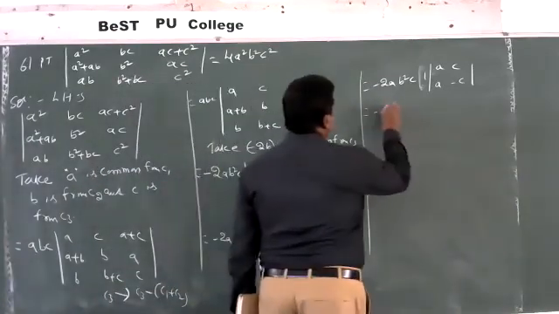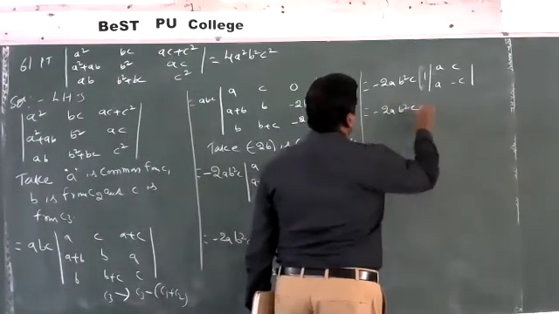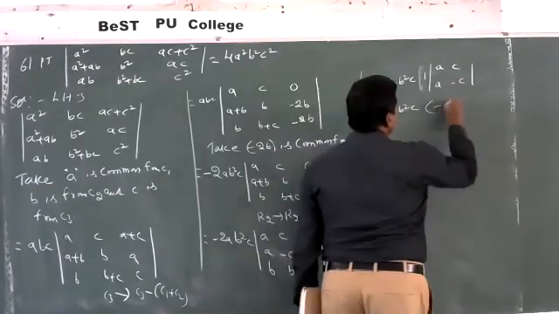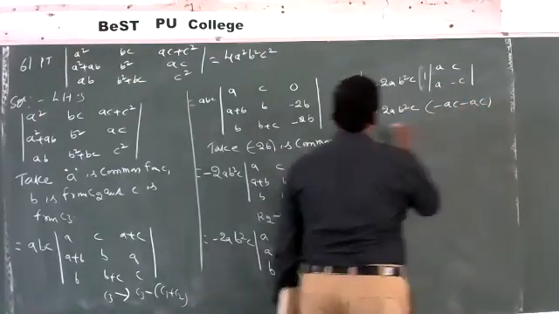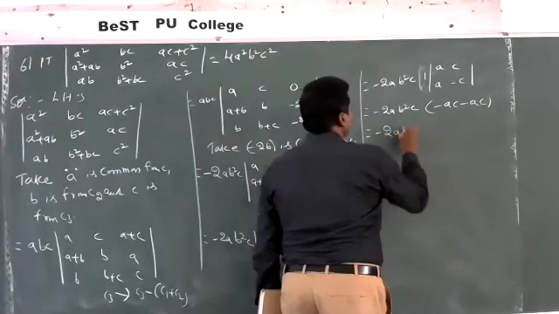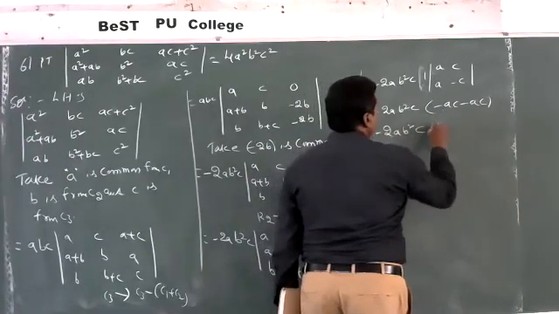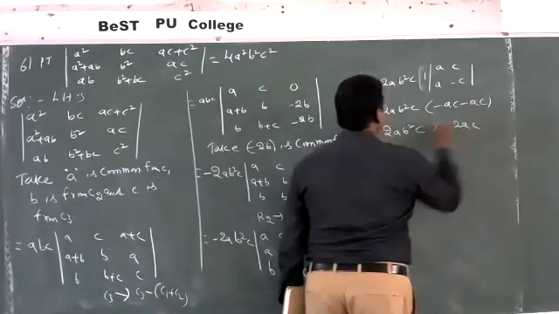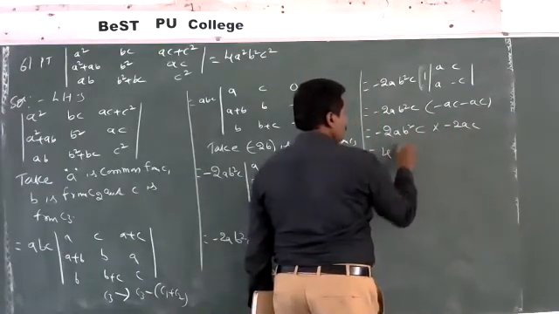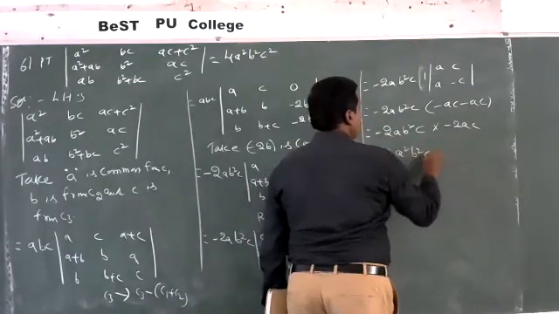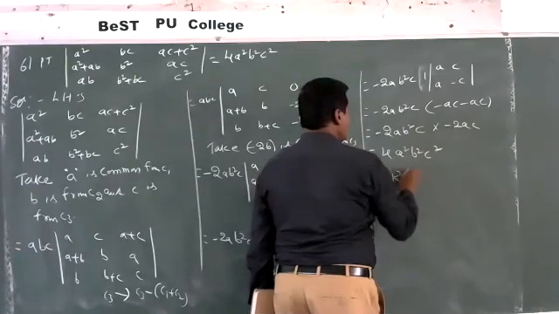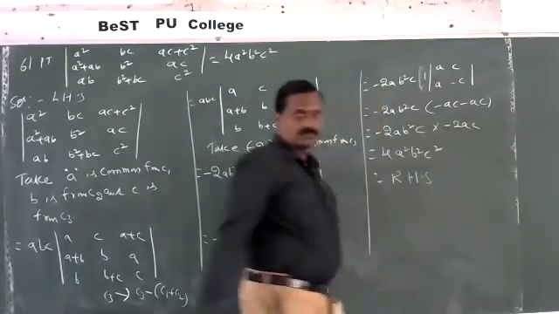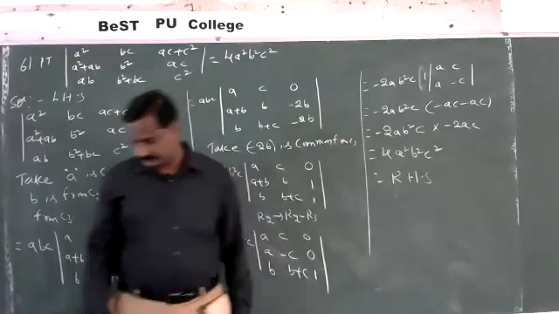Then it is minus 2a b square c times minus AC minus AC, which is minus 2AC. Minus 2 into minus 2 gives 4 a square b square c square. This is nothing but the RHS. Note down.